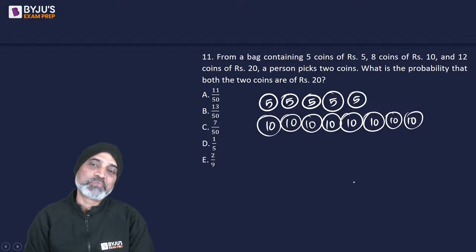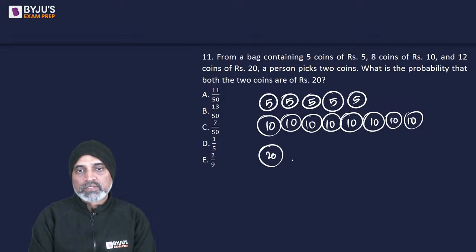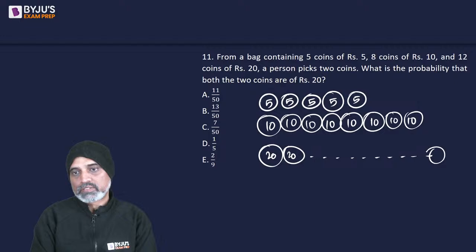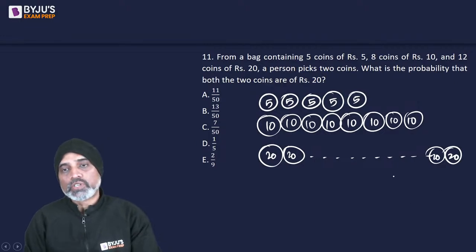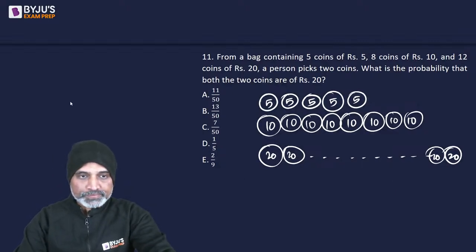And 12 coins of rupees 20. So I'm not going to draw all the 12 coins. A person picks 2 coins. Okay. So what is the probability that both the coins are of rupees 20?